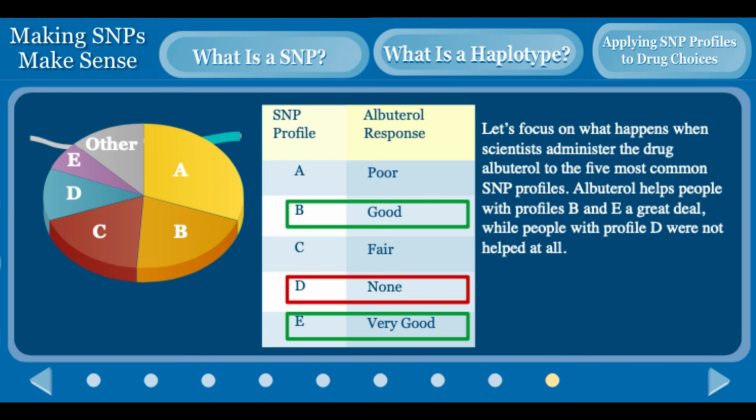Albuterol provides excellent relief for individuals with profiles B and E, while patients with profile C see only fair results, and most critically, patients with profile D show no response to the medication at all.